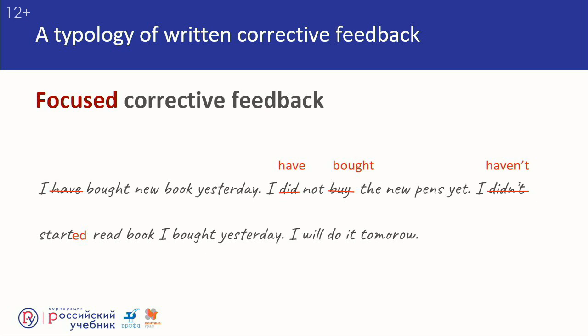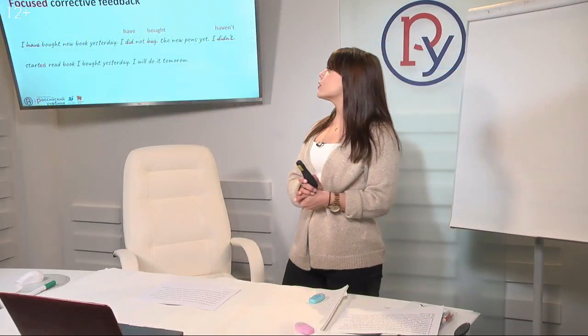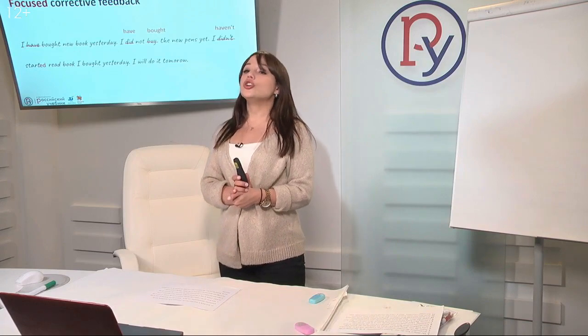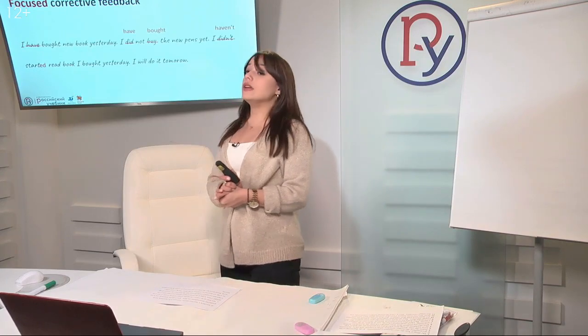So I actually focused on something when correcting the mistakes over here. And what did I focus on? I focused on the way our learner used the verbs in this piece of writing, on the verb use, and more specifically on the use of two tenses. And these tenses are past simple and present perfect.